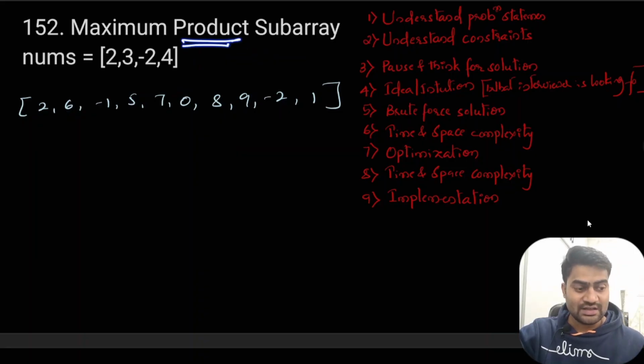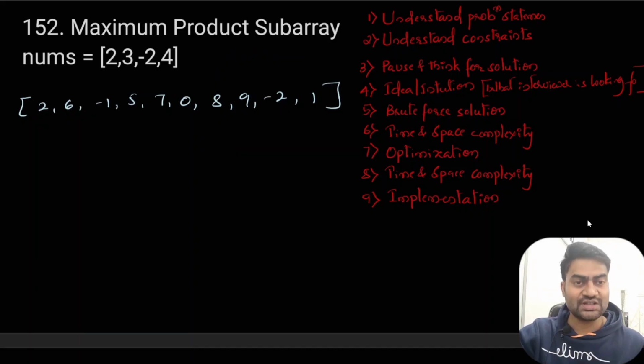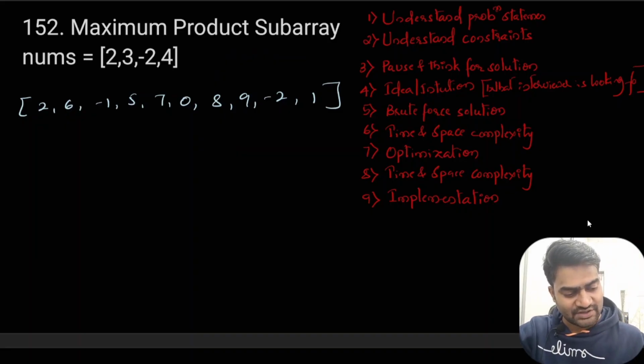The brute force and the better solution will be the same for this problem as for the previous one. Only the variation will be in the optimal solution. So I recommend you go back and watch that video. I will cover the brute force and better solution as quickly as possible in this video.